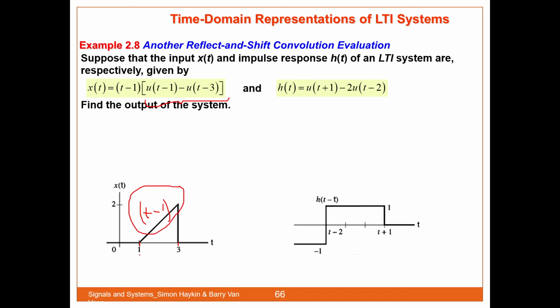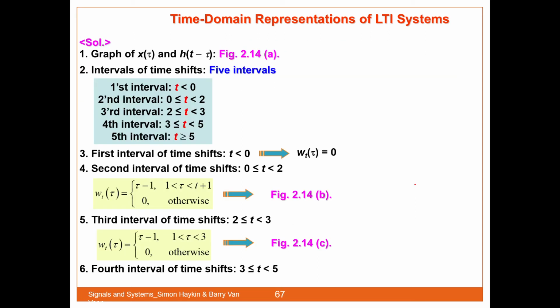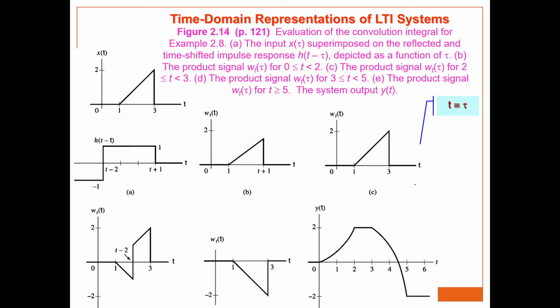So there is a limit here, and then this is the second one, h(t), represented by this graph. You shift step by step, interval by interval, and then you will get this graph as an output: x(t), y(t), the first interval, second, third, and fourth.